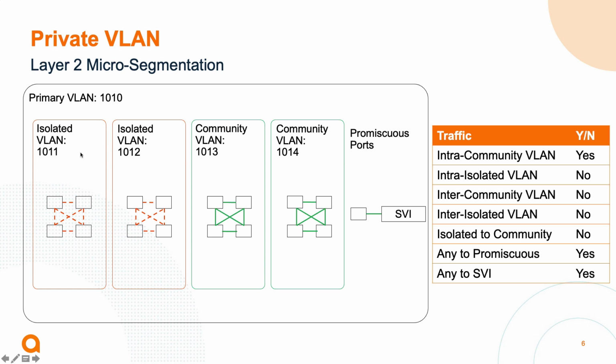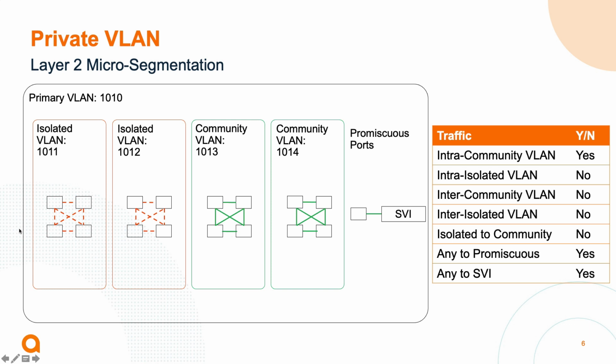So we have here two isolated VLANs and two community VLANs, and then outside we have the primary VLAN that includes them all, and it includes a promiscuous port and the VLAN interface. And I'm representing here with the orange dotted lines connections that do not work, and with the full green line connections that do work. What do we mean by that?